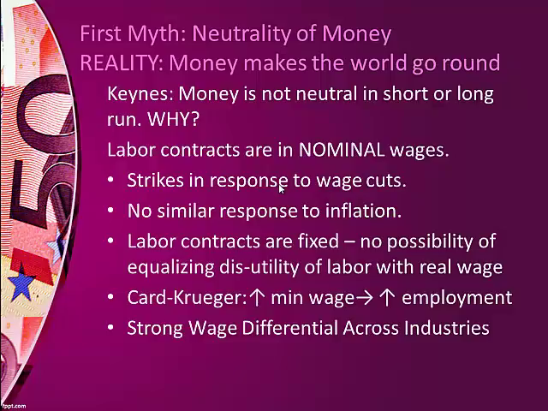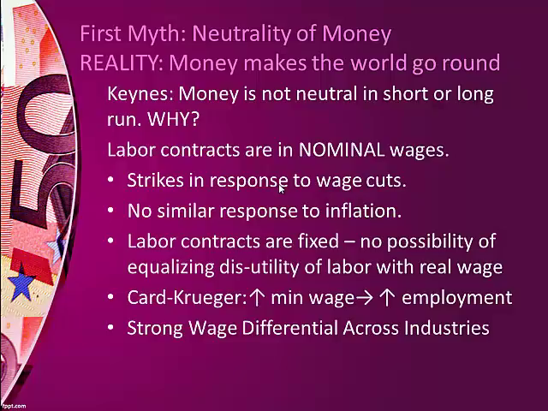Well, it's very simple. There are many reasons, but what Keynes said was that the negotiation for labor contracts is in nominal wages, not in real wages. And he gave many very strong empirical reasons for this. He said that if it was in real wages, then the response to a cut in nominal wage and the response to a rise in the price level should be the same.